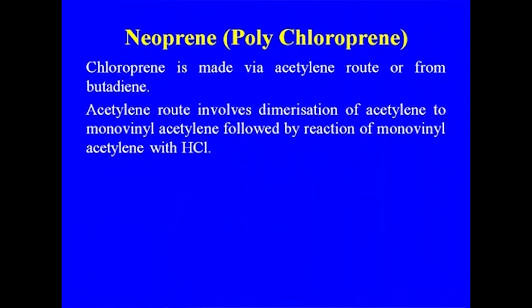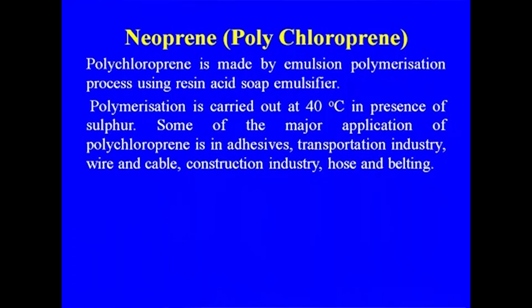So, this was the method that was developed earlier for the acetylene route. Polymerization in case of the neoprene, that is polychloroprene, is carried out at 40 degrees centigrade in presence of the sulfur. Some of the major applications, already discussed, are adhesive, transportation industry, wire and cable, construction, hose and belting.